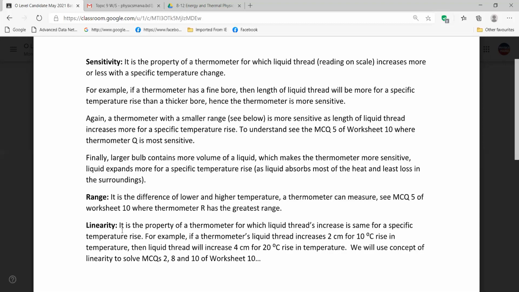So you see, with your 1 centimeter increase, the temperature is increasing 10 degrees Celsius, right? Yes. So the length of the mercury level is directly proportional to the temperature rise. Yes. We can say that this one has linearity. Okay, if the length of the liquid level is rising with the temperature rise, like directly proportional, then we are saying it linearity.